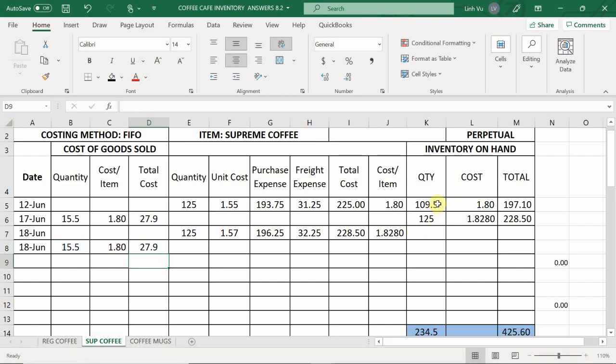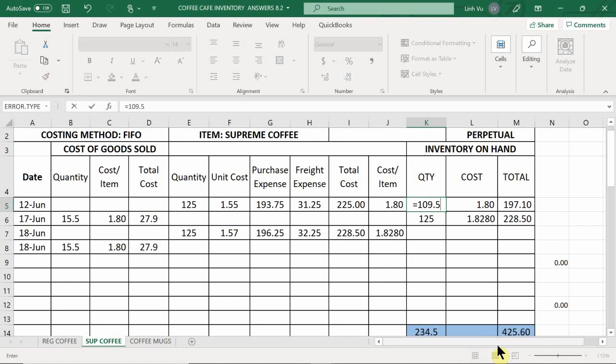So in this case, right, I got rid of 15.5 pounds. So if I started out with 109.5 minus 15.5, how much should I have remaining? So 94 pounds. Exactly 94. Okay, so in this case, I should have a grand total of 397.70.